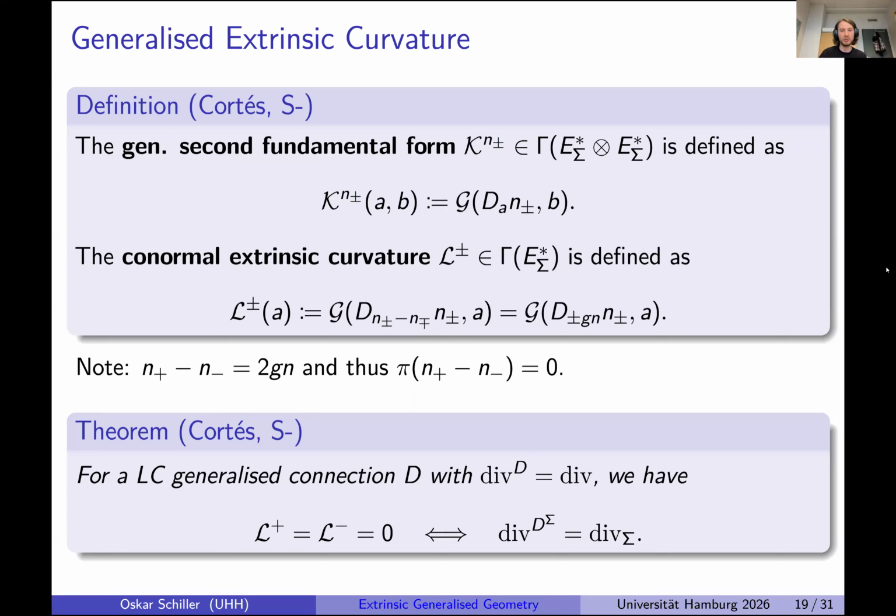Okay, and we also prove that, as I said, you can always find a connection for which these conormal extrinsic curvatures vanish.